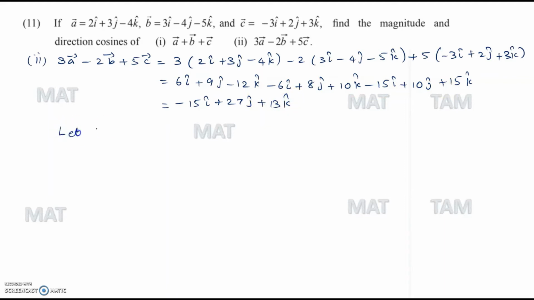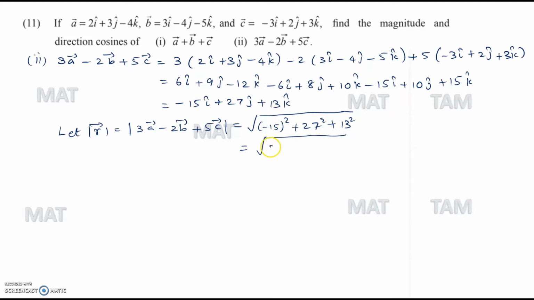Let R be the resultant vector, so the magnitude of R is, we can write that as square root of minus 15 squared plus 27 squared plus 13 squared, which is equal to square root of 225 plus 729 plus 169, which is equal to root of 1123.